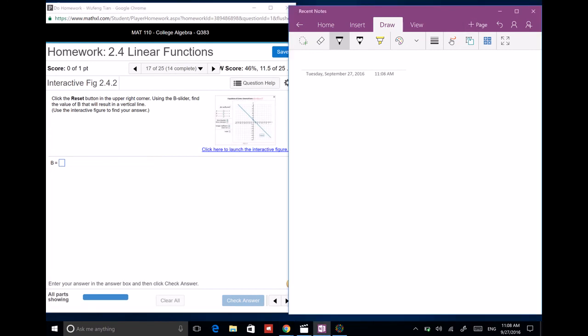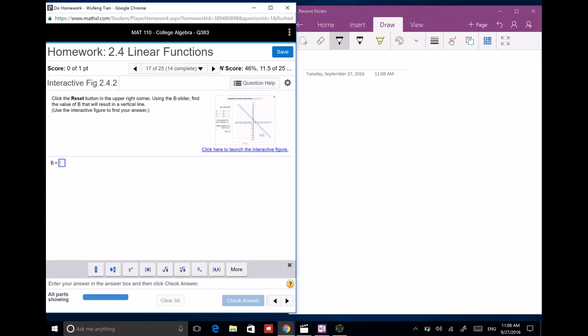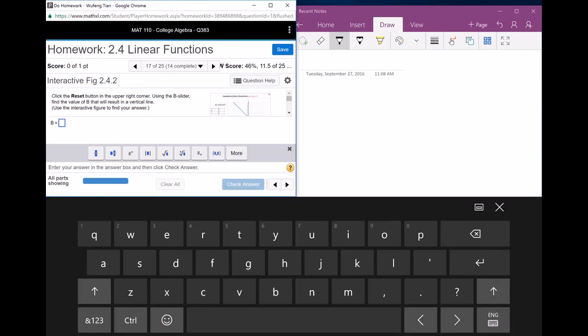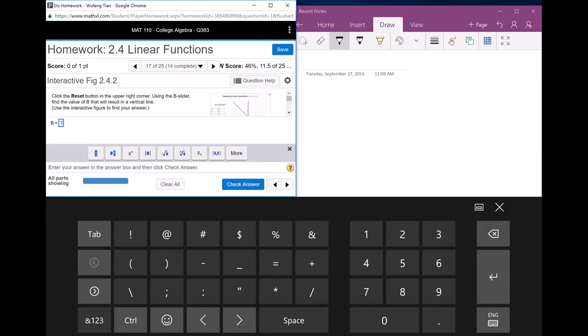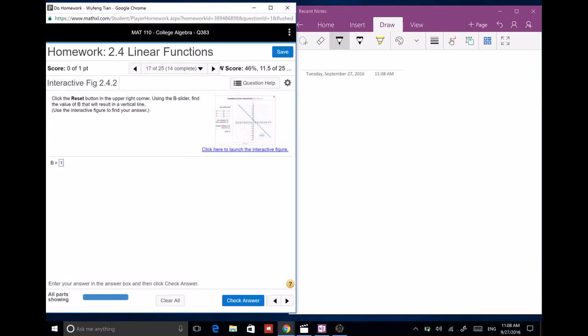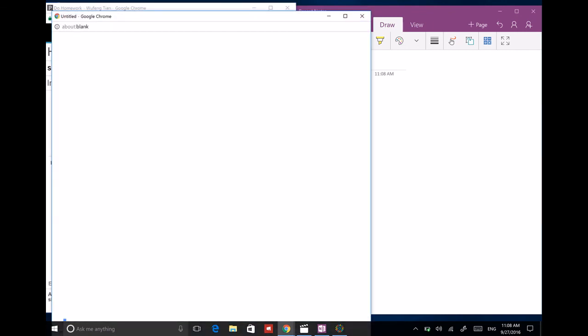Another interactive function here. You have to use the CDF player to look at this picture, but I just guess this is one. It might be wrong because you have to open that picture to see exactly what it is.